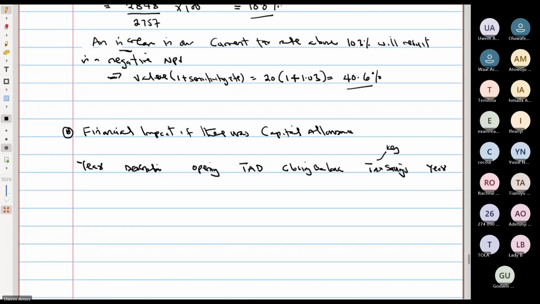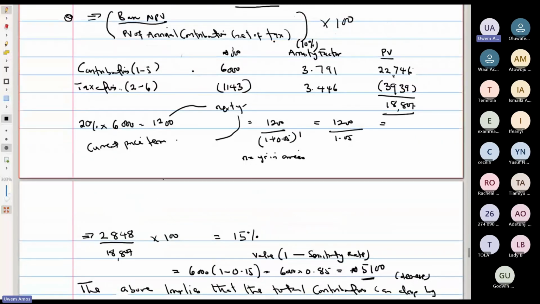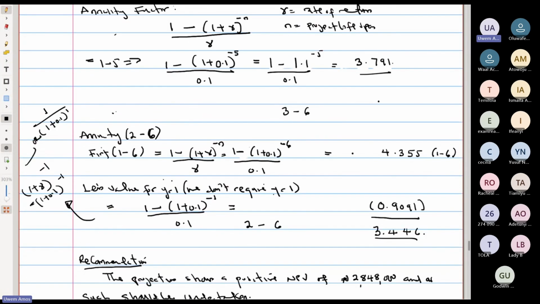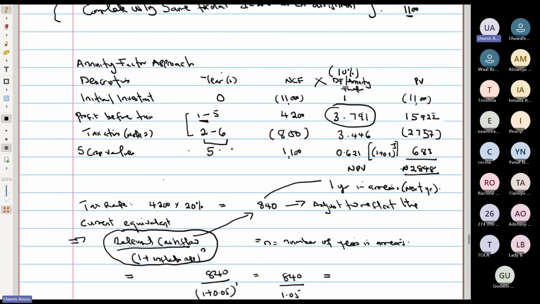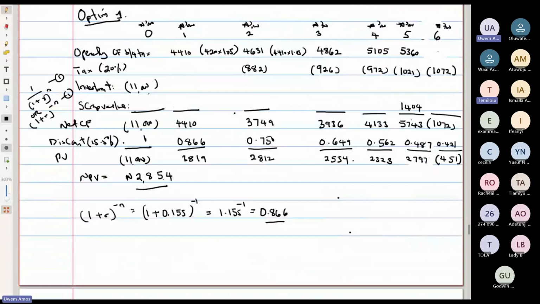So let's begin with our year one. In year one, there is an investment. How much did we spend to set up our project? Can you remember? Because it's a capital investment, a fixed asset that is subject to capital allowance. 11 million.